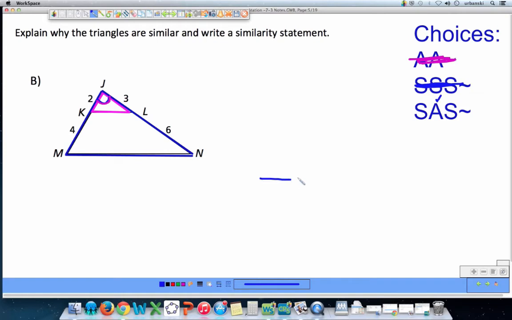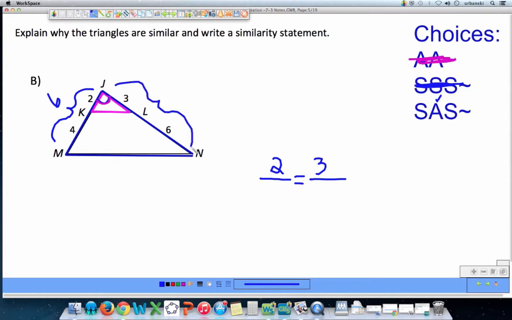As we put them in proportions and try them, we're going to see that the pink triangle from least to greatest is 2 and 3, as long as it's the sides wrapping around that one angle. But when you're looking at the blue triangle, that whole side there is 6. You have to start at the blue and go to the blue ends.